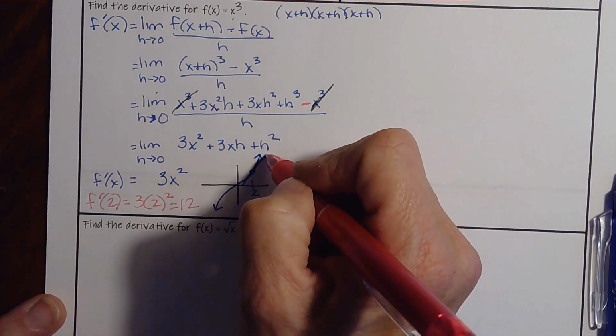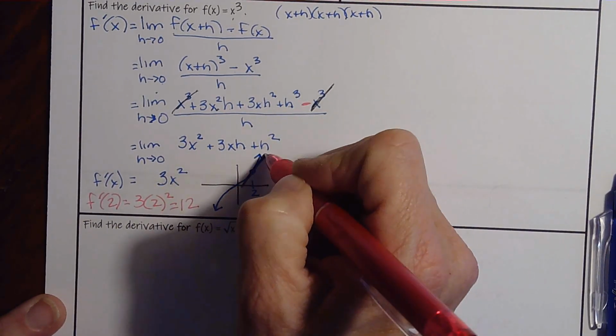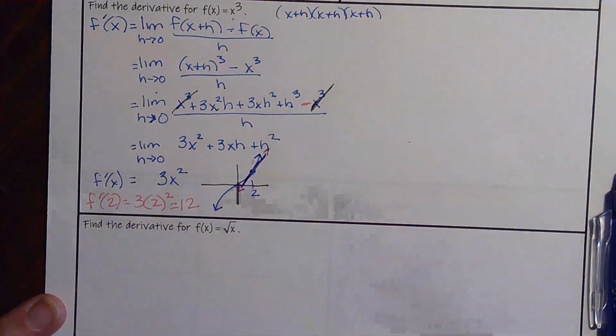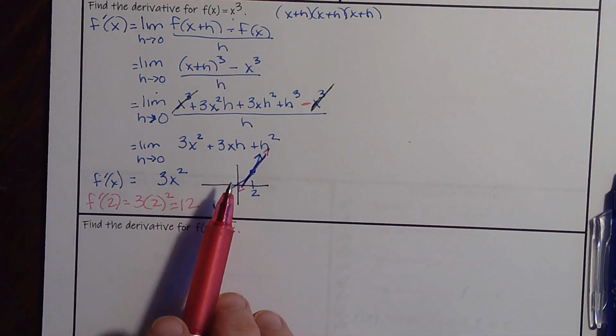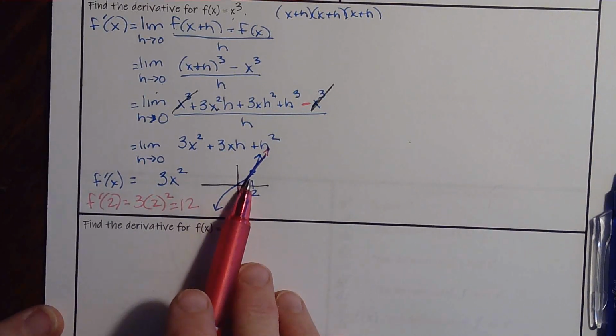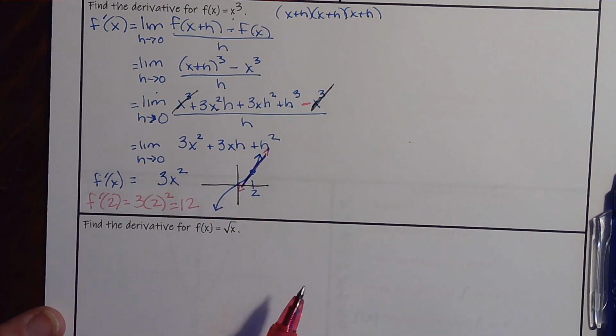So the slope of this tangent line is 12. And I can find the slope of a tangent line at any of the points on this graph.